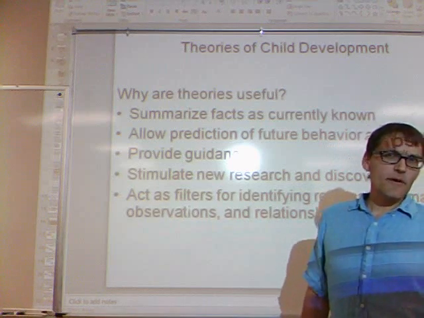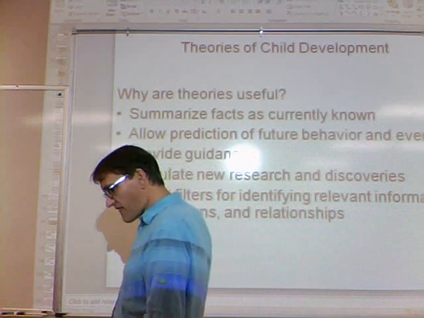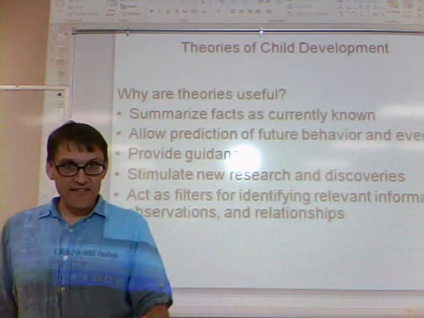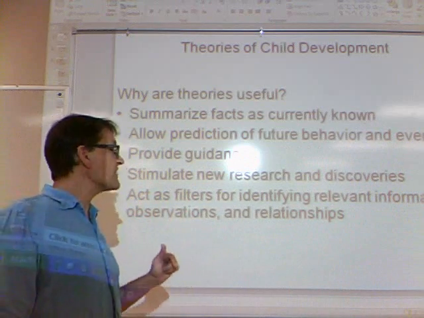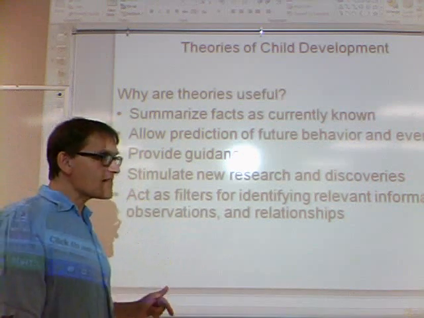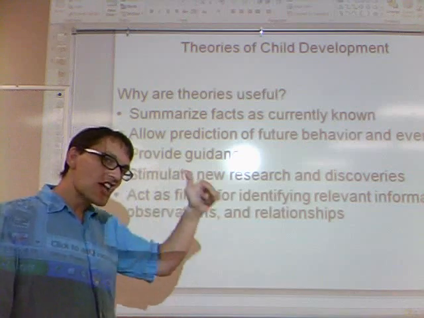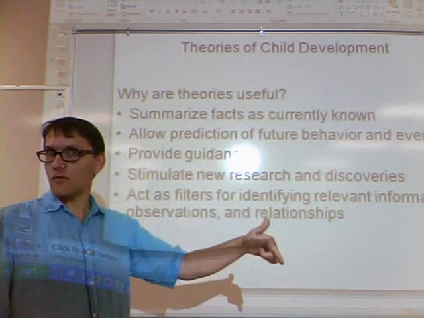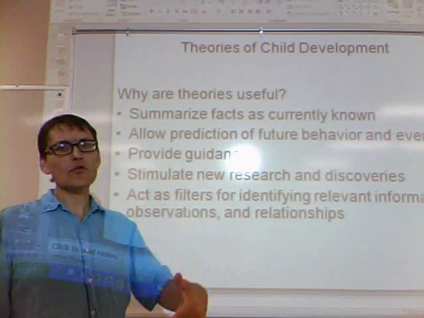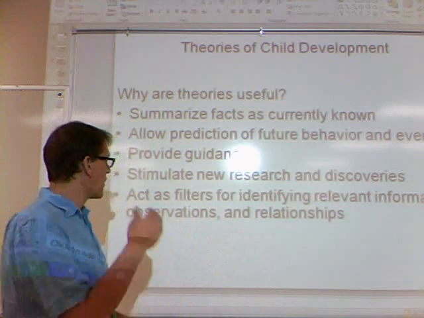In other words, you make a bunch of observations, you see a bunch of stuff, and then you generate a theory to try to explain those facts. Always tentative, because the point of science, and yes, this is science, we'll come back to it, is that it's a tentative explanation, therefore we're going to check those theories. We're going to test whether or not they're true.